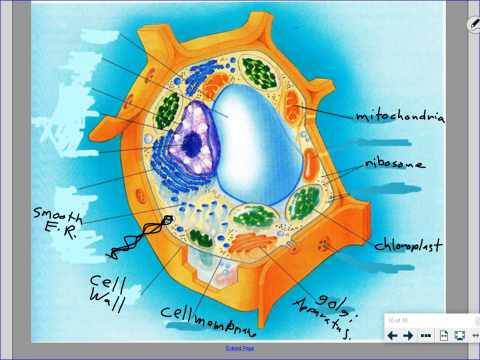Plants is where we get our starches from. So if we have excess energy, what do we store it as? Fat. We store excess energy as fat.